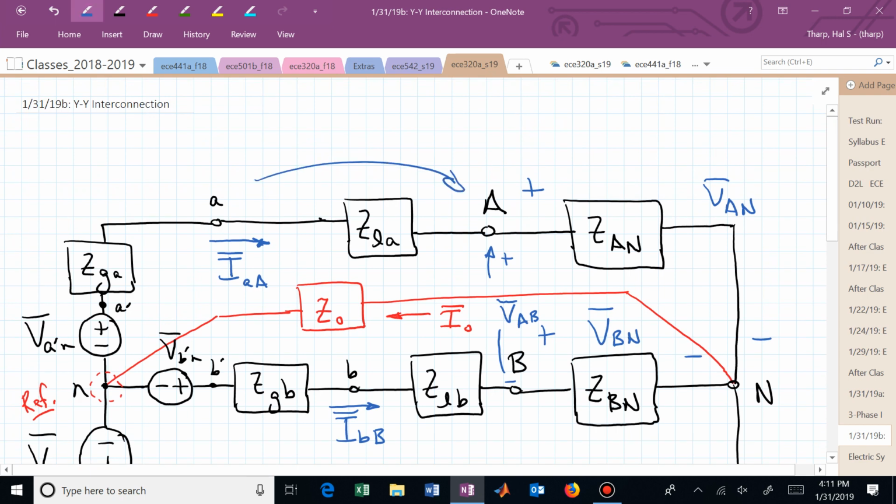Actually it depends on which way you do it. I would probably label it something like that, with this as the positive and this as the negative. And I would call that the voltage dropped across the transmission line impedance.